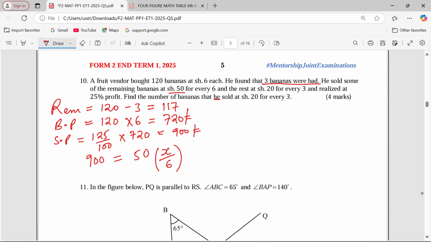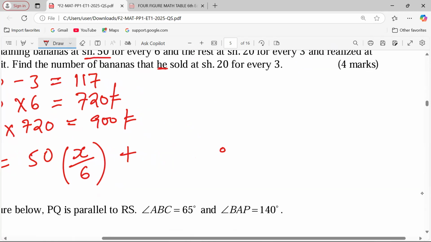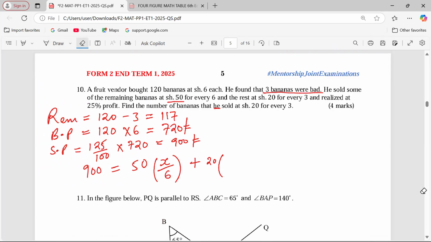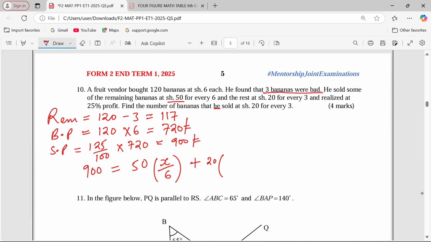So we pick x bananas and we group them into groups of 6. Then we sell them at 50. Then others are sold at 20. And remember, now it is the balance, because we have sold x of them, grouping them into 6. Then the ones to be grouped into 3 are going to be the ones to be grouped into 3.